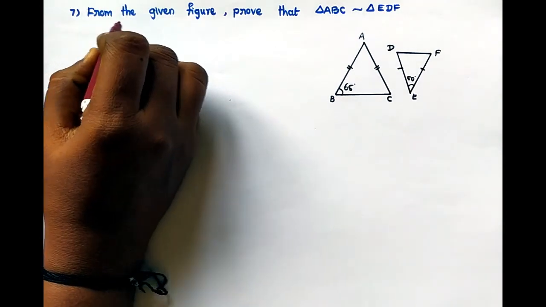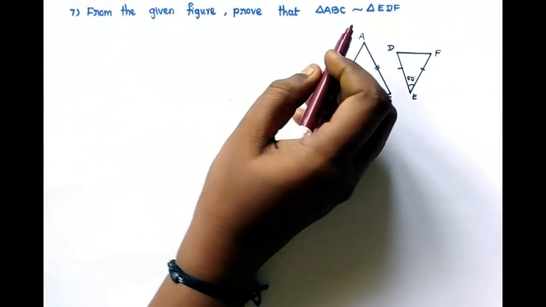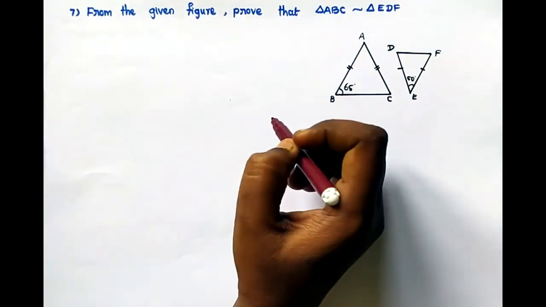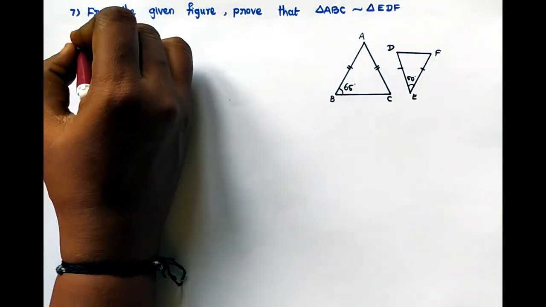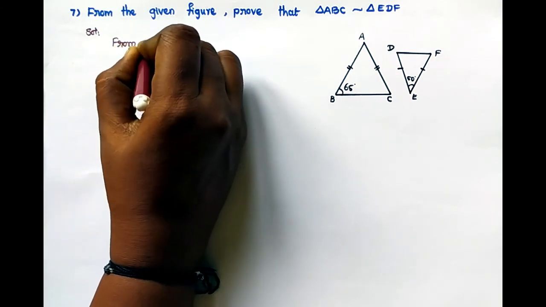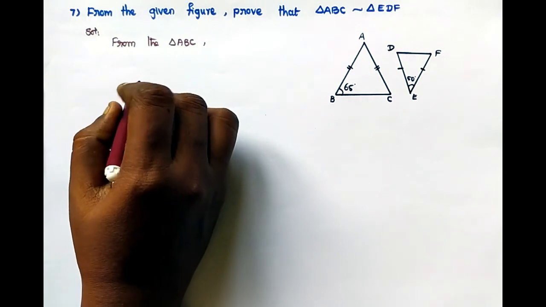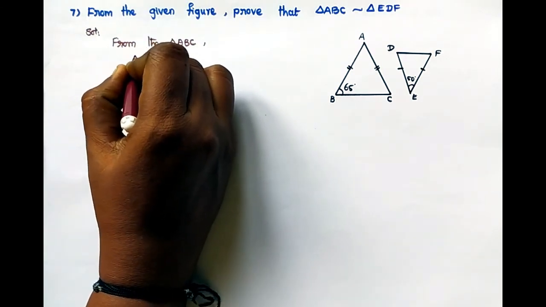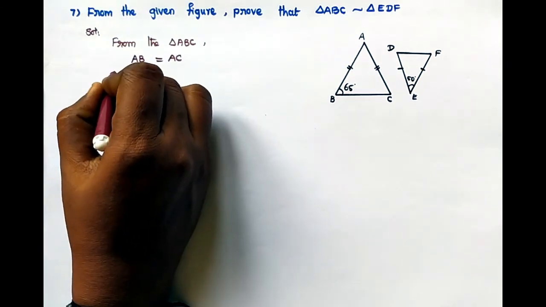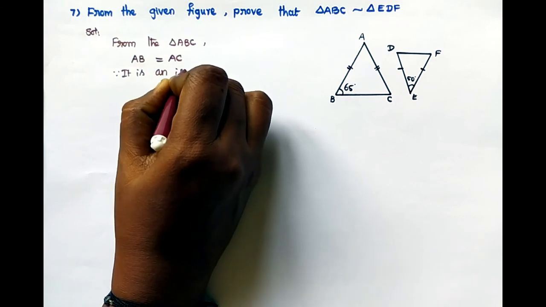Seventh sum, from the given figure, prove that triangle ABC is similar to triangle EDF. Listen, from the triangle ABC, AB equal to AC, because it is an isosceles triangle.